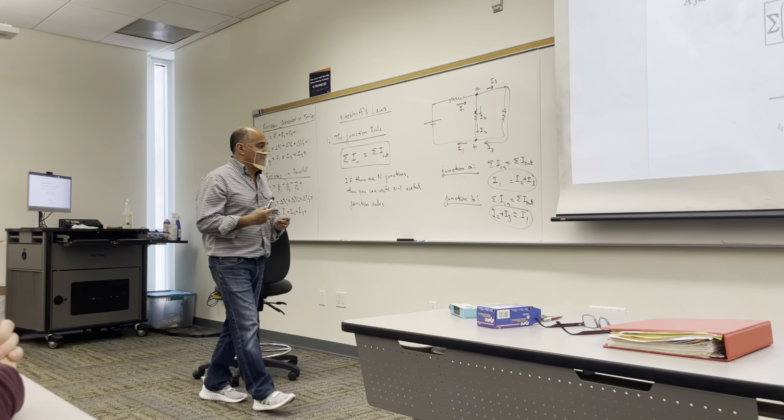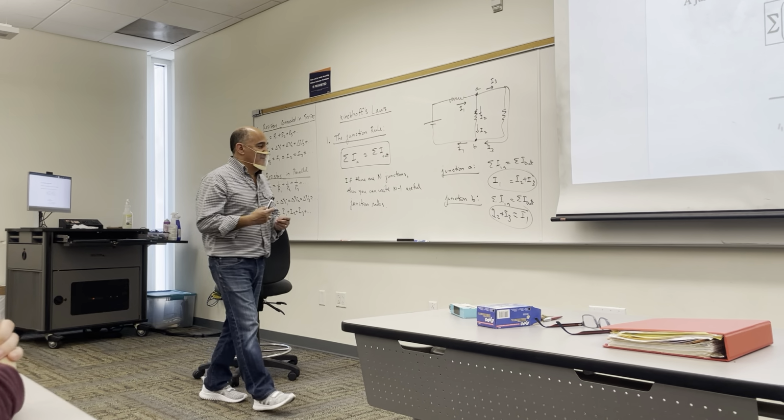So delta V7. And R5, R6, R7, R8. Right? Okay, a crazy circuit, right?